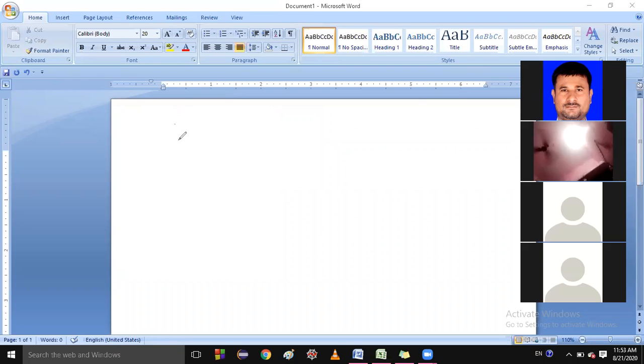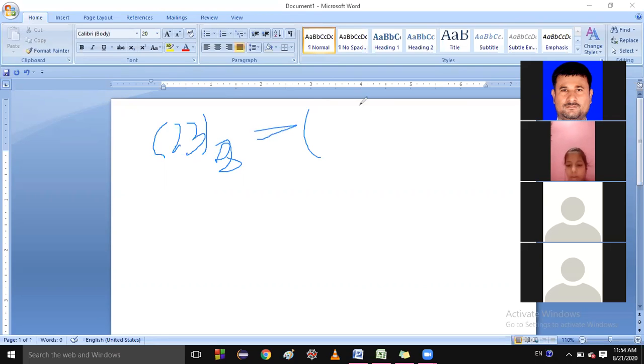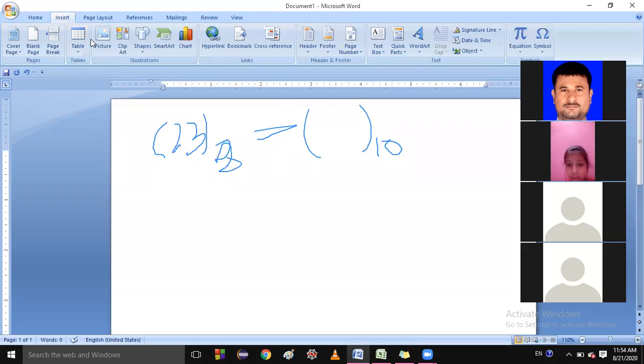So again, I'm writing the question: 2 3, an octal number, base 8, equal to, and you must write the answer as a decimal number. For doing this we need some table, because I'm converting octal to decimal.